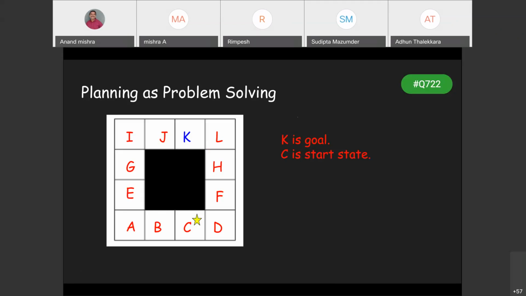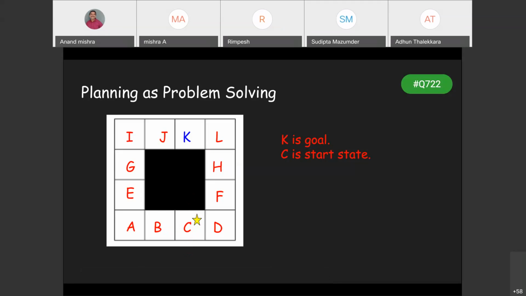Move north, if I move in this direction, right? I hope you can see my cursor. And move east, this direction. Move west is this direction, and move south is this direction. So these are the four directions the agent can move.